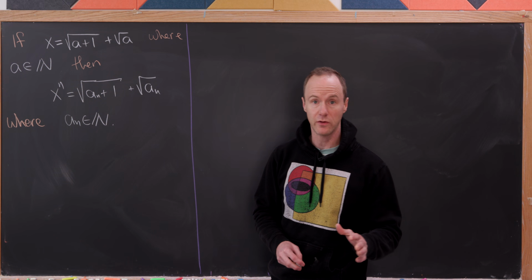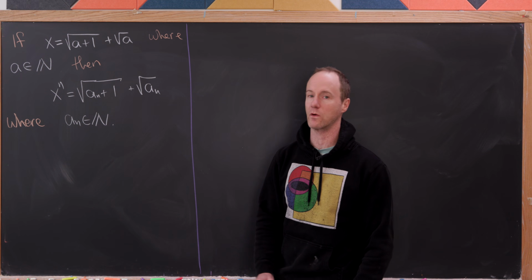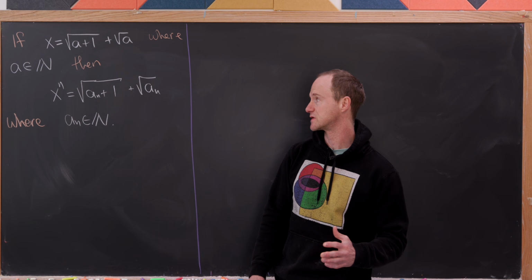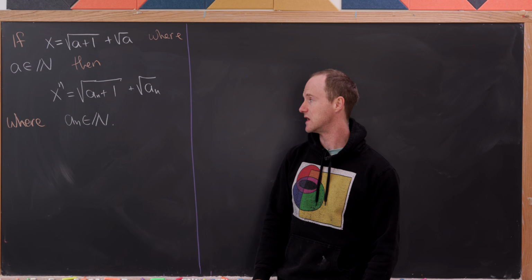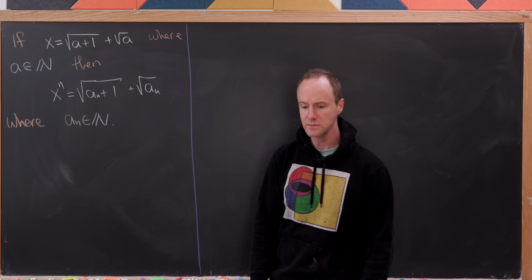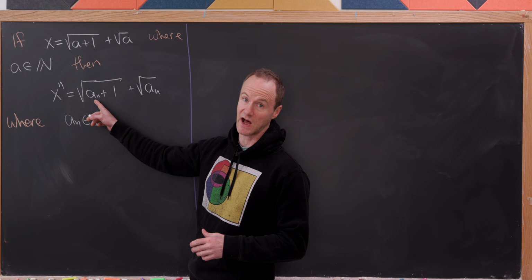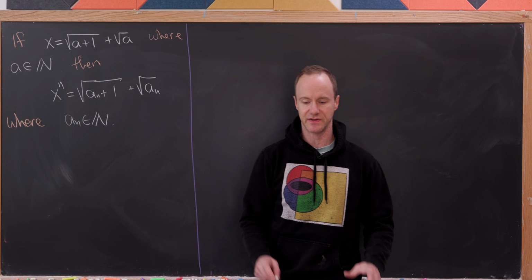Then what we'll prove is that any power of x is also of that form. So in other words, x to the n equals the square root of a sub n plus 1 plus the square root of a sub n, where a sub n is a natural number. So it's the square root of some positive integer plus 1 plus the square root of that positive integer.